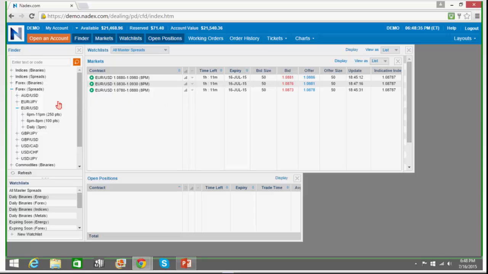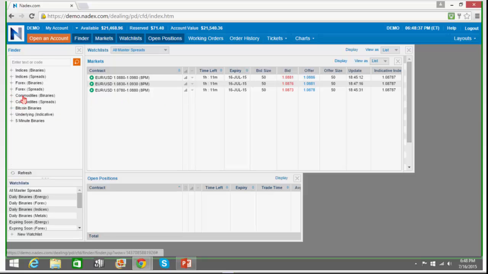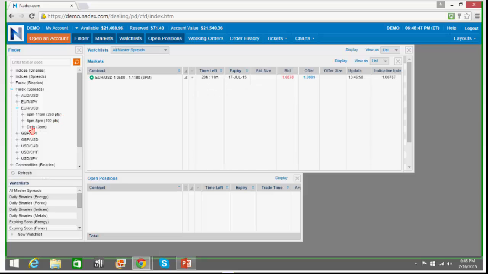Let me select Forex spreads, euro dollar. Well, I don't know, which one do I want? Do I want that daily one tomorrow? Well, let's see here. That floor is this. That ceiling is this. I can sell it for that, buy it for that.